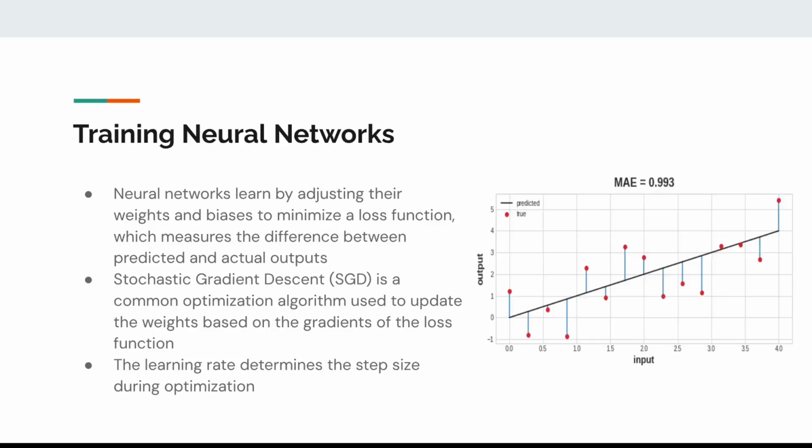Now we know how a neural network is built in the previous section, let's talk about how it learns. Training a neural network means adjusting its weights and biases so that it makes better predictions. Imagine learning to throw a basketball into a hoop. You start by missing, but after many tries, you improve.